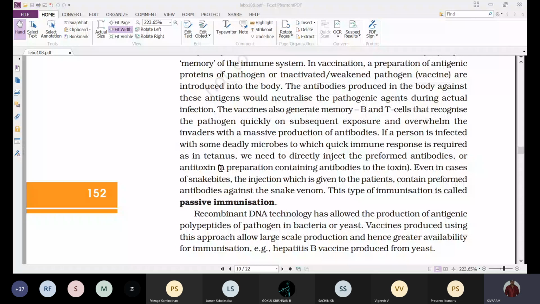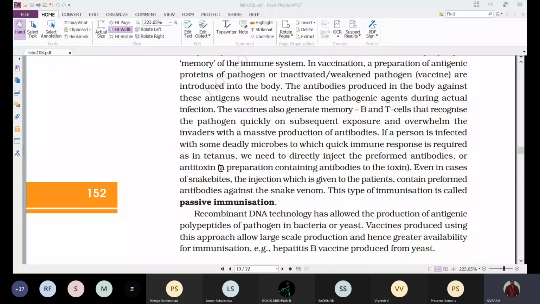This TT is in the form of already synthesized antibodies, in the form of a TT injection we are providing. That is what we call antitoxin, for tetanus or snake bite. Such a phenomenon we are calling immunization.